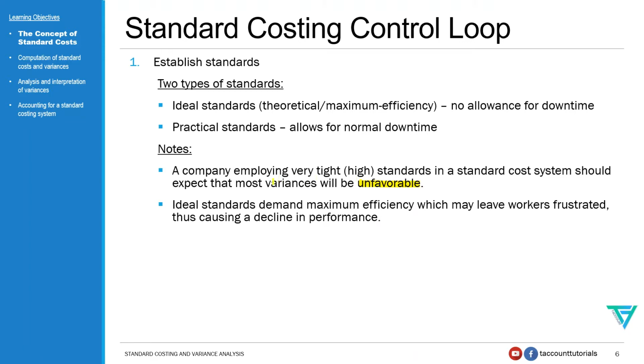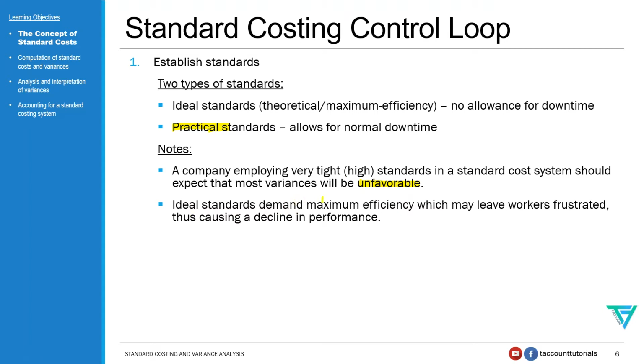So when the company employs very tight or very high standards, you would expect that the standard costs applied to actual production would be lower, right, than what is practically attainable. Which means that most of the time, the actual costs incurred in production will be higher than the standard costs itself, which would lead to an unfavorable variance overall, right?